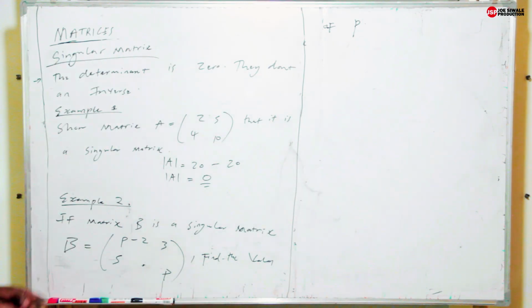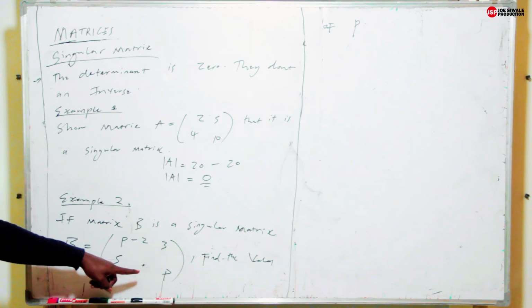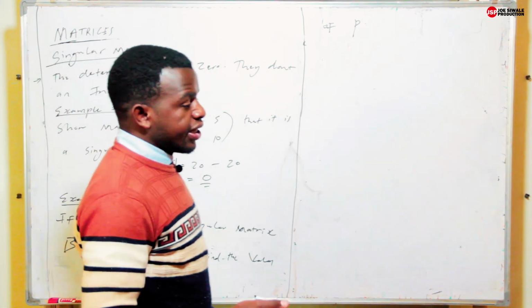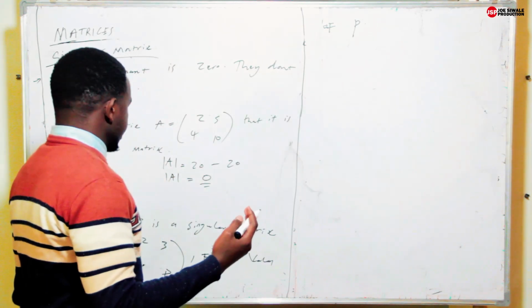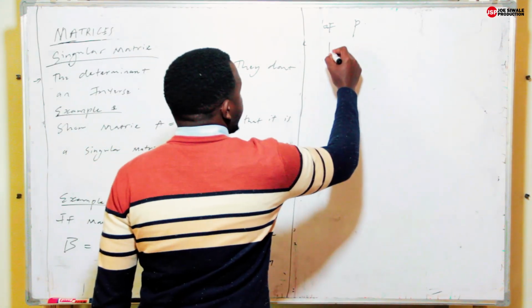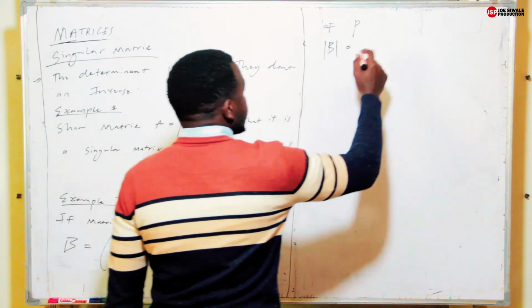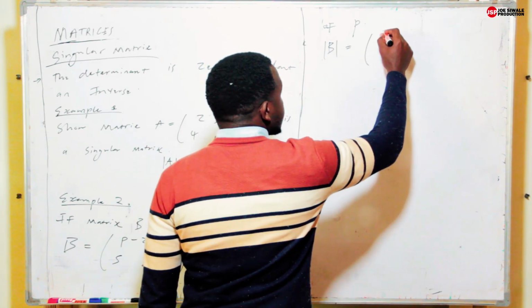So our second question there, it reads, if matrix B is a singular matrix, then matrix B is equal to P minus 2, then we have 3, then we have 5, then we have P. Find the values of P. So we have been told that this matrix is a singular matrix. So our first thing that we're going to do, for us to find the determinant of matrix B there, we're going to write down our matrix.